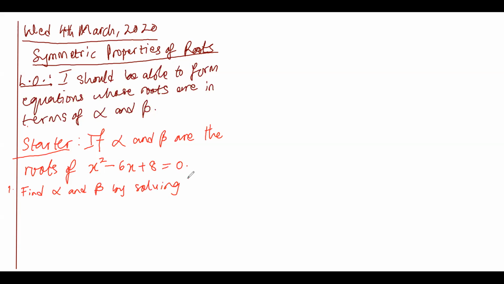You need to say by solving the equation. So you should know it's by solving the equation.